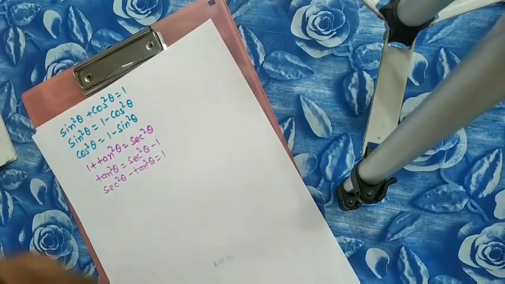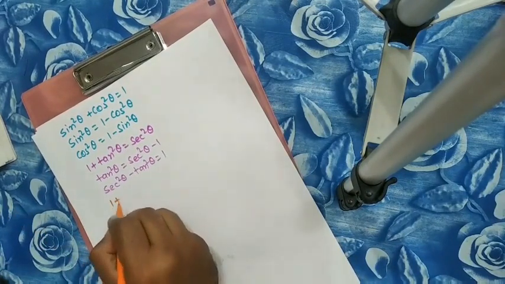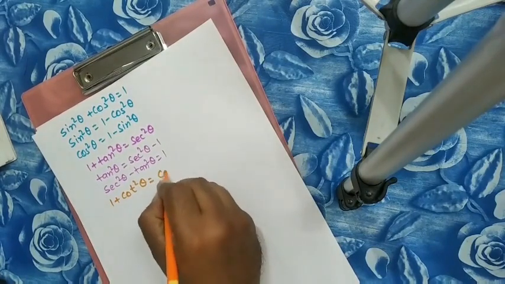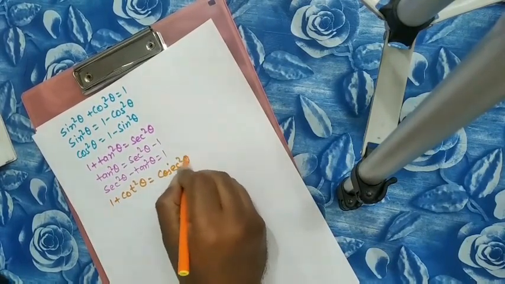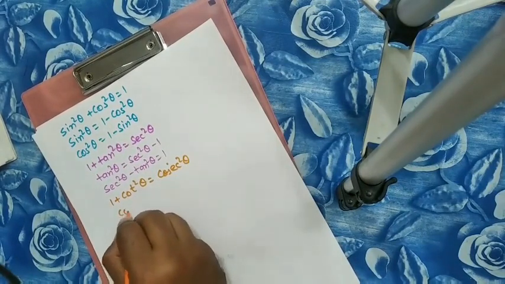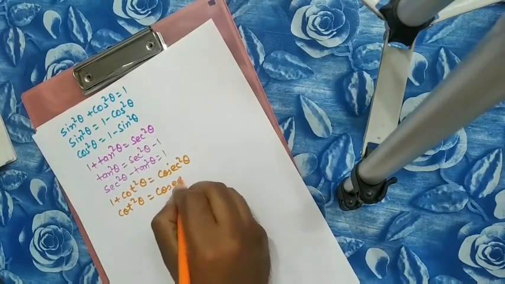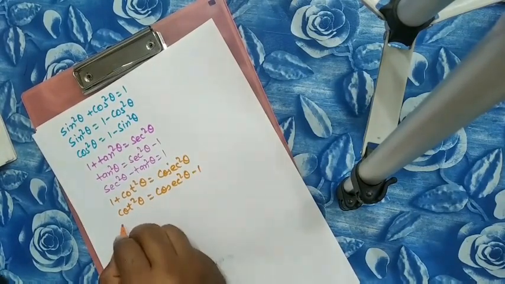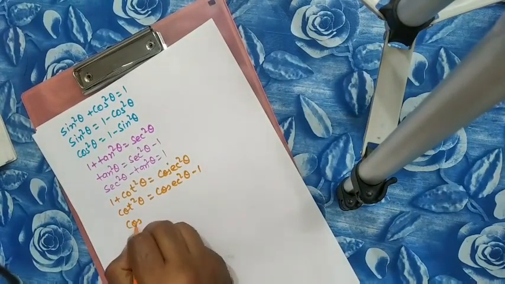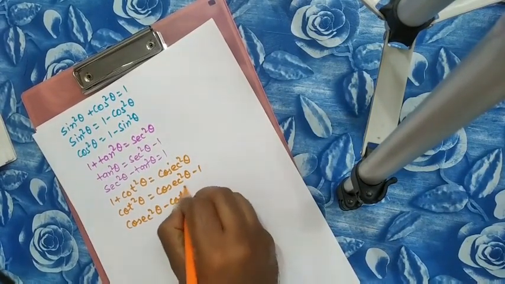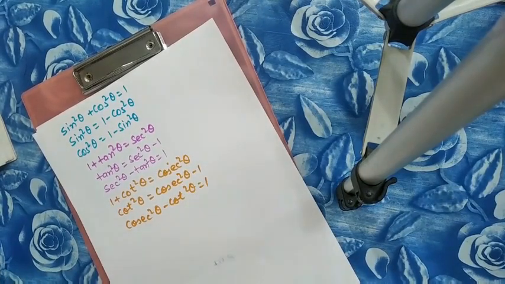We have also seen 1 plus cot square theta is equal to cosec square theta, or cot square theta is equal to cosec square theta minus 1, or cosec square theta minus cot square theta is equal to 1.